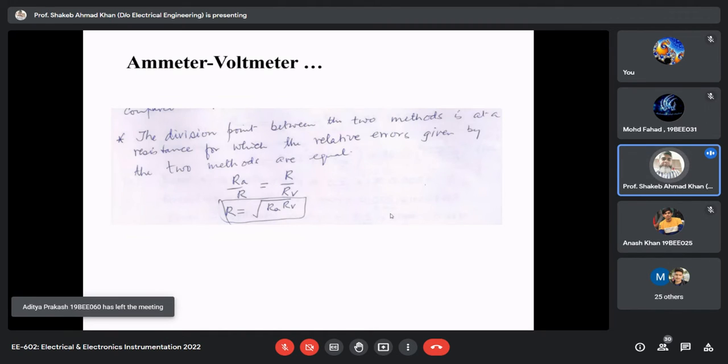So that's what I've done here. The division point between the two methods is where the errors are equal. You see, errors are equal. From this formula we can find the boundary point, and obviously it depends upon the value of your ammeter resistance and your voltmeter resistance. So this is fine to all of you?